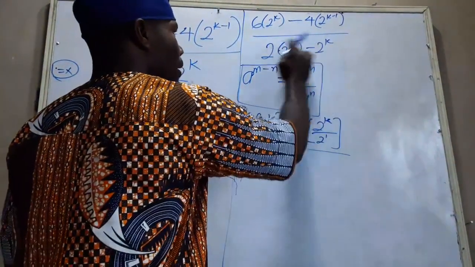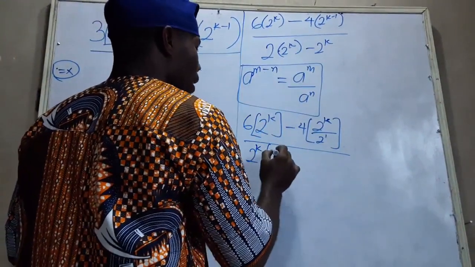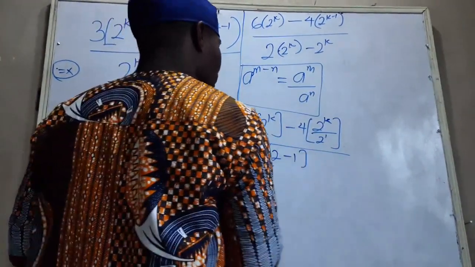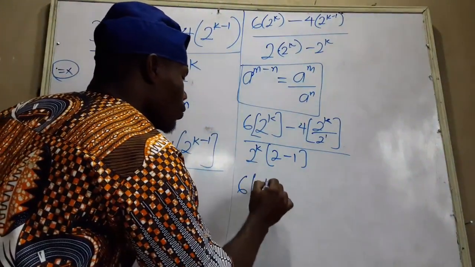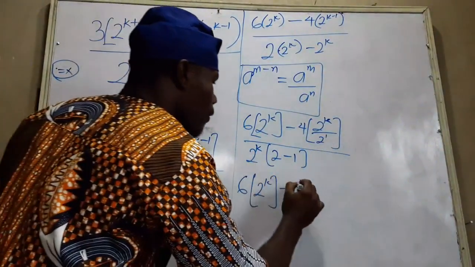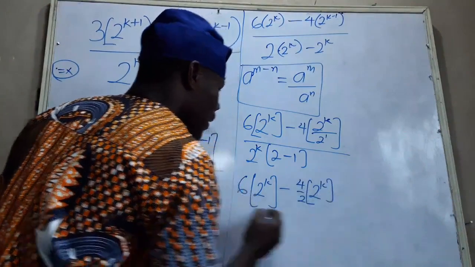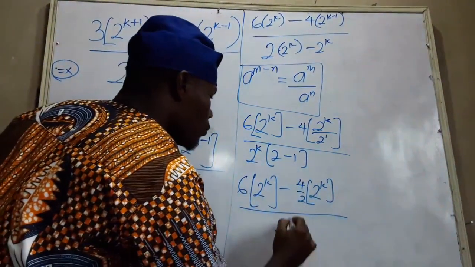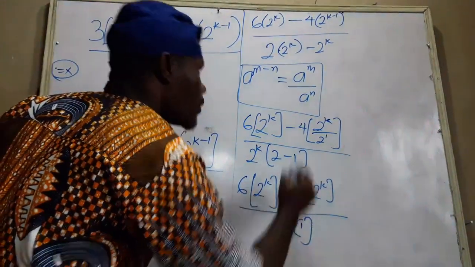Here you're able to see that 2 raised to power k is common. So we have 2 minus 1. Now, let's try to remove this 4, divided by 2 times 2 raised to power k. So this will give you 2 raised to power k because this is 1 times 1.